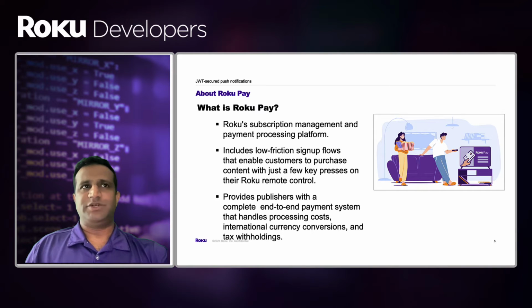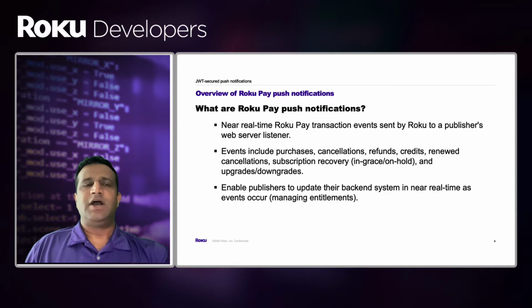Instead, just do it in one place. And Roku will take care of the collection for each service, and also manage the taxes and everything. So it's easy for customers and easy for partners to manage their subscriptions.